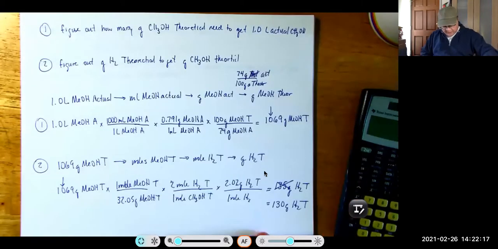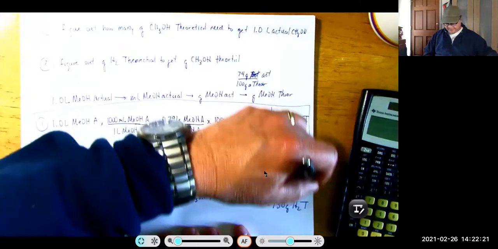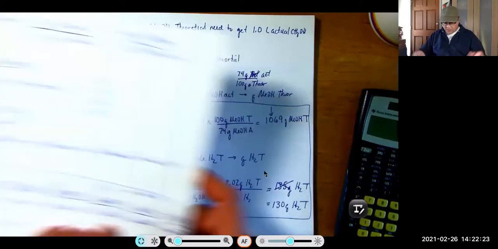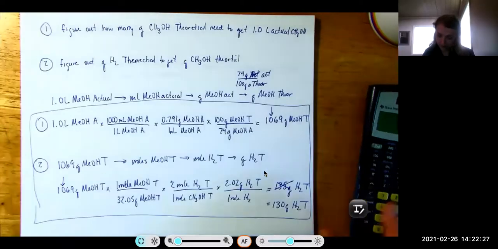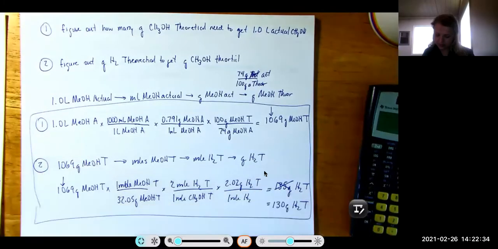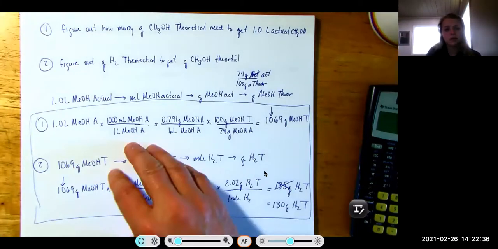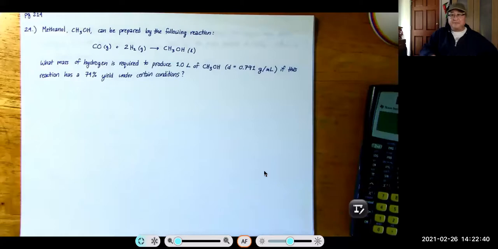So if you did it this way and broke it up into 2 parts, or you did it all at once, I don't care. This one stands to reason that it might be easier to break it into 2 parts. Yeah, I think so too. Okay, so that's number 24.